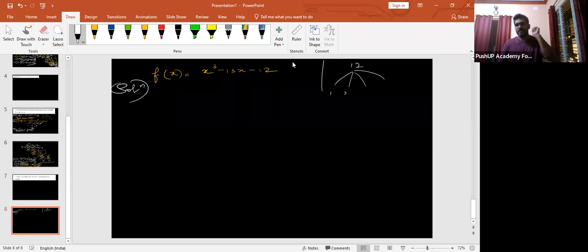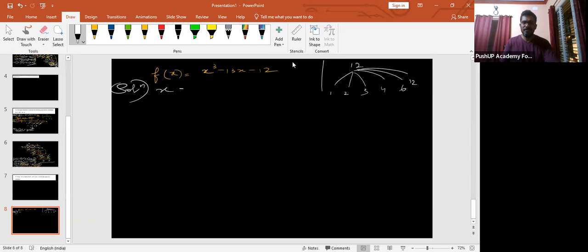So 1 is a factor, 2 is a factor, 3 is a factor, 4 is a factor, then even 6 is a factor, and then 12 itself is a factor, right? So many options, out of which you have to find only one factor by using the trial and error method. So what is going to help you? I think x is equal to 1 itself will help you.